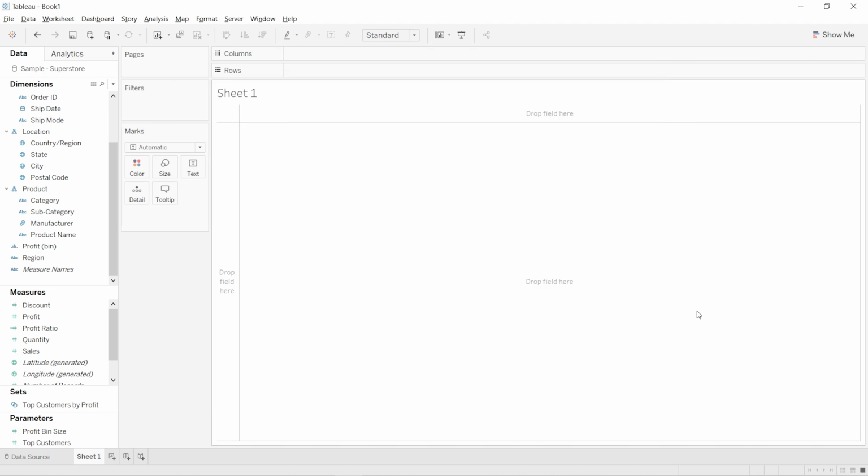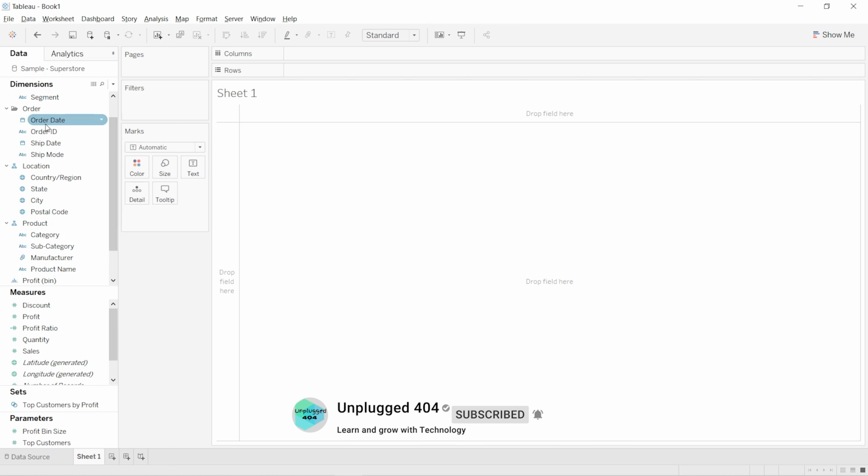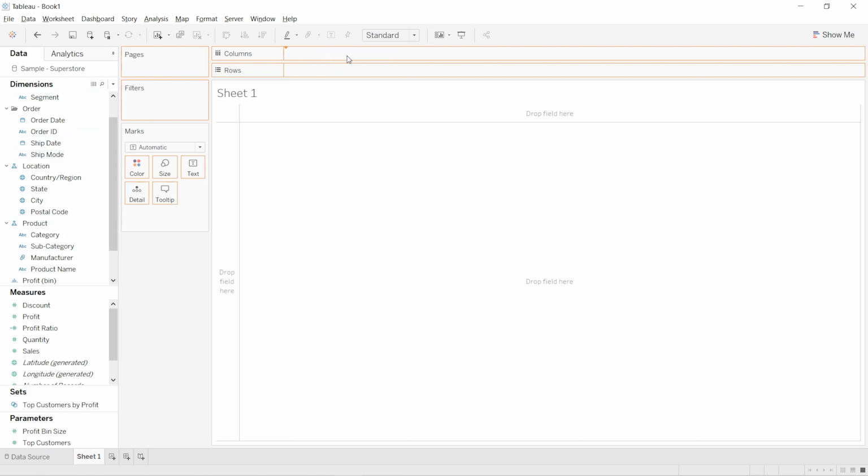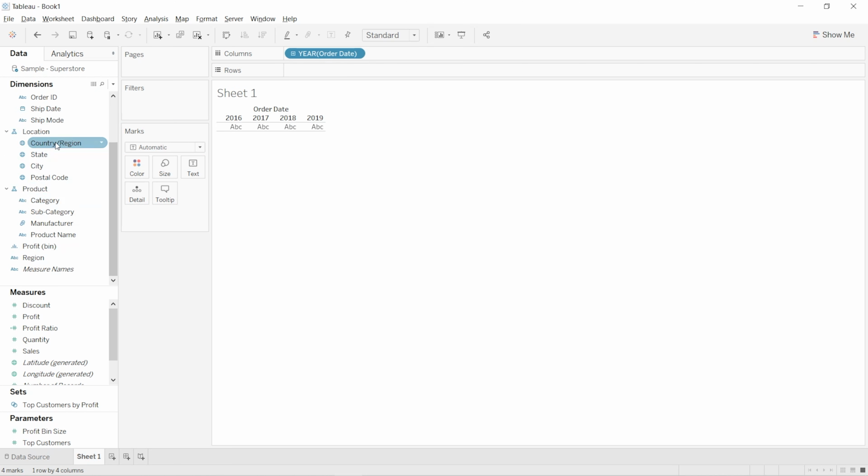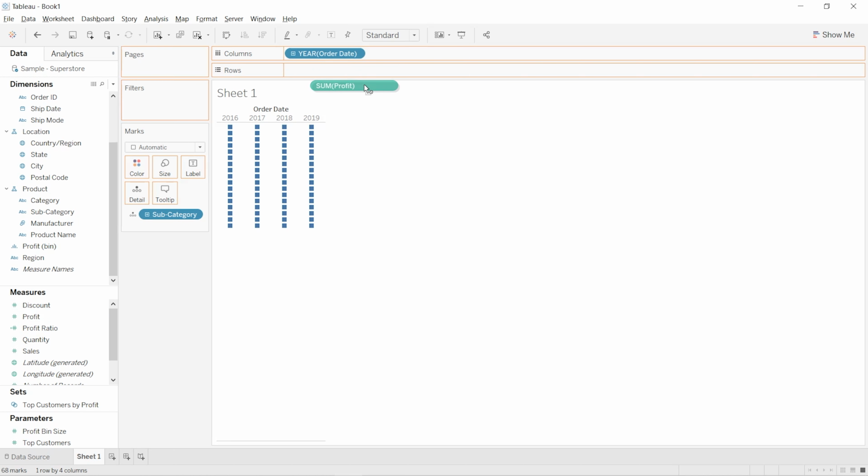So today's agenda is to cover running total in Tableau through quick table calculation. For that, obviously we need a graph first. So let's say I go for order date and maybe subcategories, and let's go for profits.